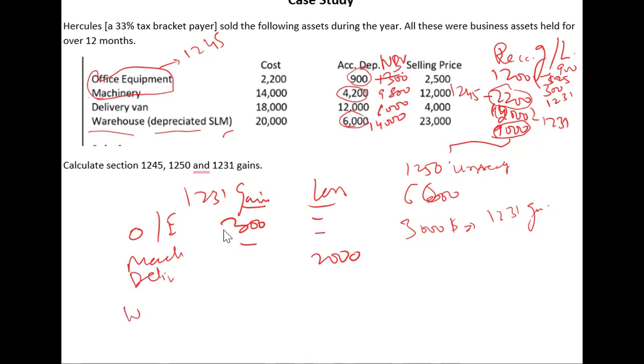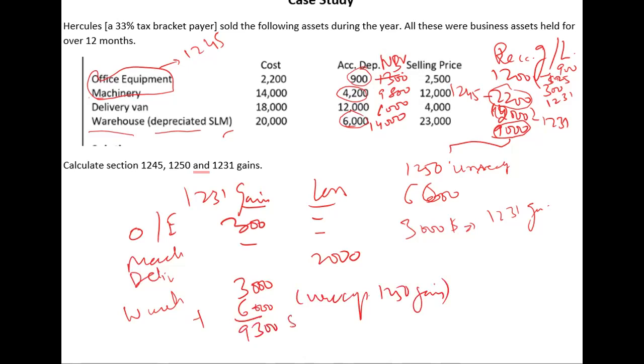Then for the warehouse we have $3,000 as capital gain or 1231 gain, plus we will also consider the 6,000 unrecaptured 1250 gain over here. So a total of $9,300 gain and $2,000 of loss.